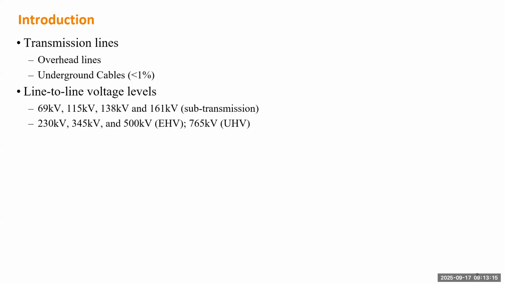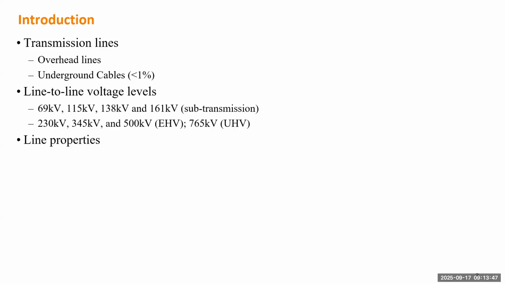But about 115 kV, that voltage level is considered transmission voltage level. And even 161 is still at the boundary between transmission and sub-transmission. But above 230 kV, so 345, 500, and even 765, they are at a very high voltage level. So they are typically the transmission system power lines.